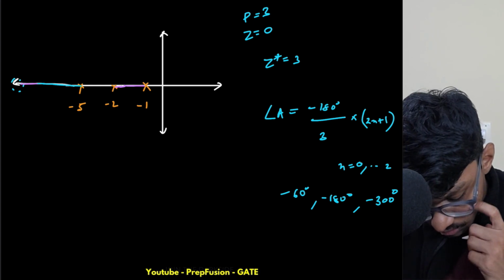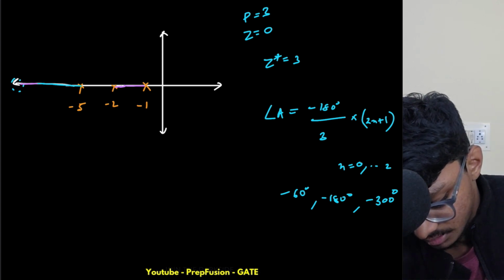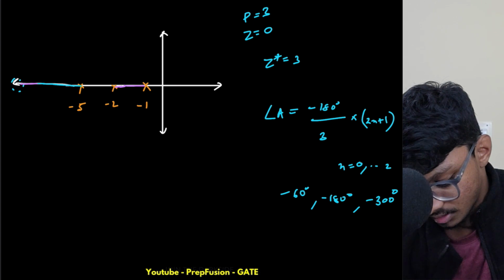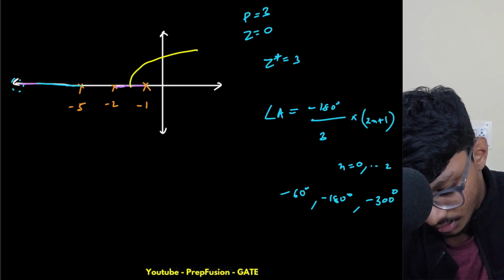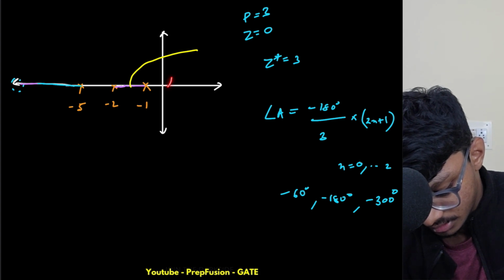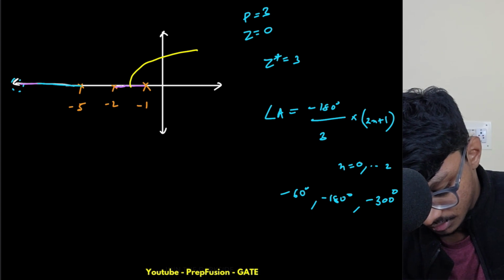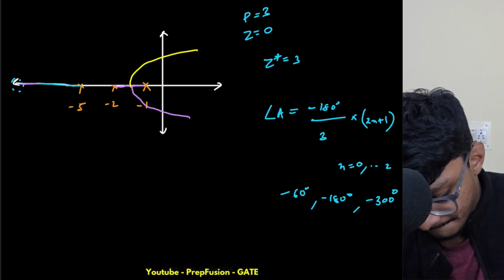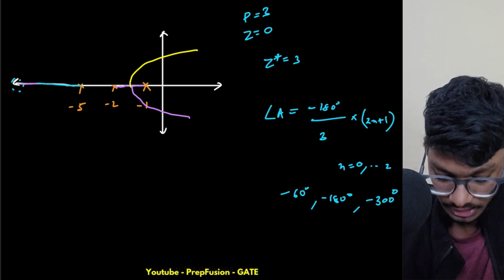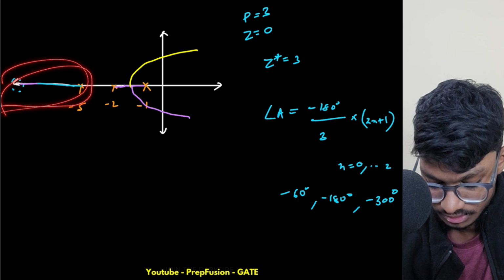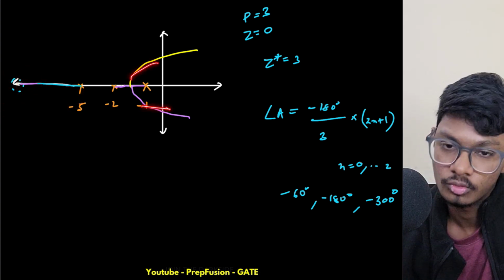So basically one will be minus 180, one will be minus 60. Minus 60 is something around this area, so obviously it will go here, and minus 300 will be something like this, so it will go something like this. From here what I can see is, with the addition of this pole, this is anyways getting neglected, not dominant, and I'm moving closer towards the origin.